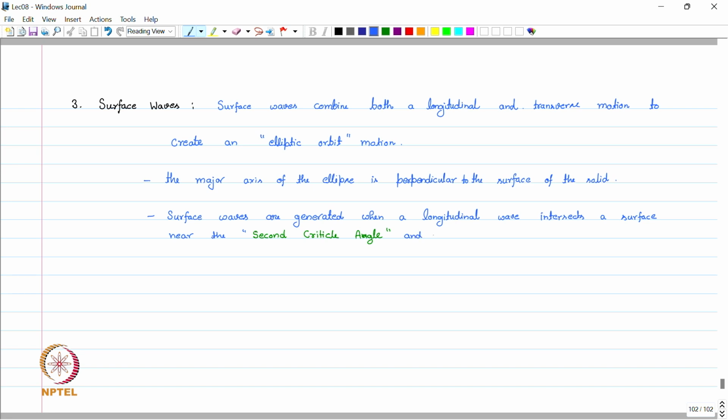And they travel at a velocity between 0.87 and 0.95 of a shear wave, depending upon the material.